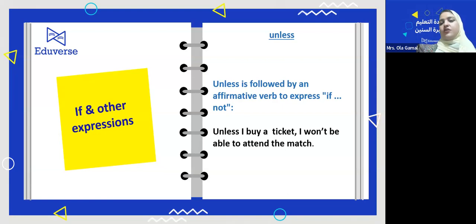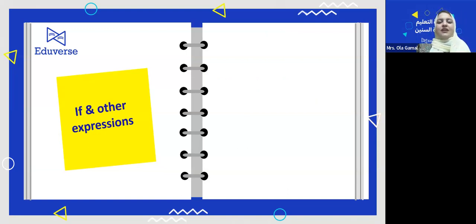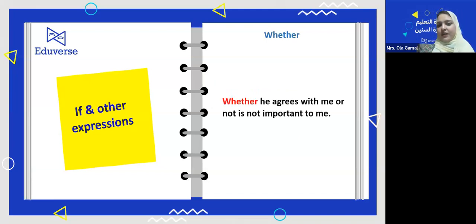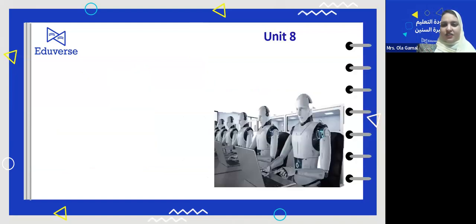It equals "if not." So if I say, if I don't buy a ticket, I won't be able to attend the match. Here also we have "whether." In "whether," like in this example, it equals "if" also. Whether he agrees with me or not, it's not important to me. It here gives me the meaning of a condition.